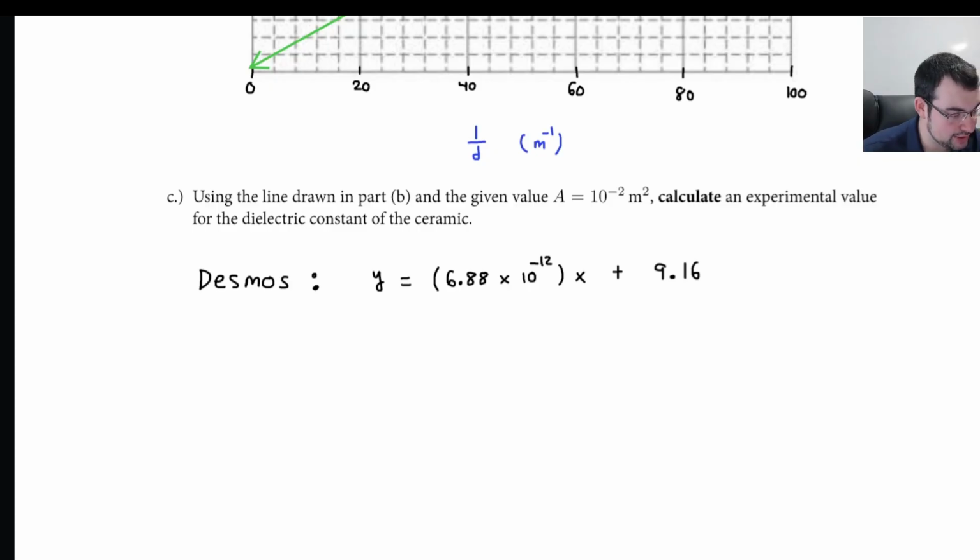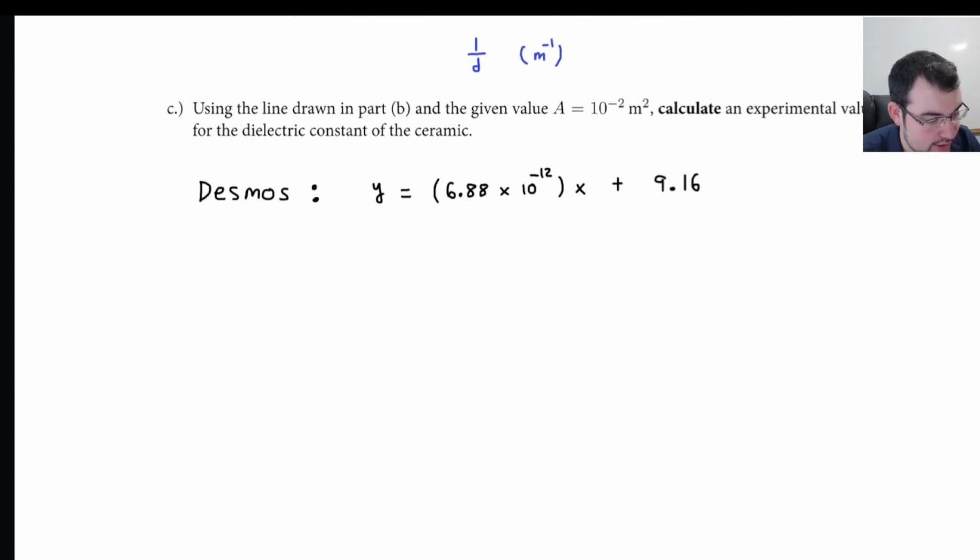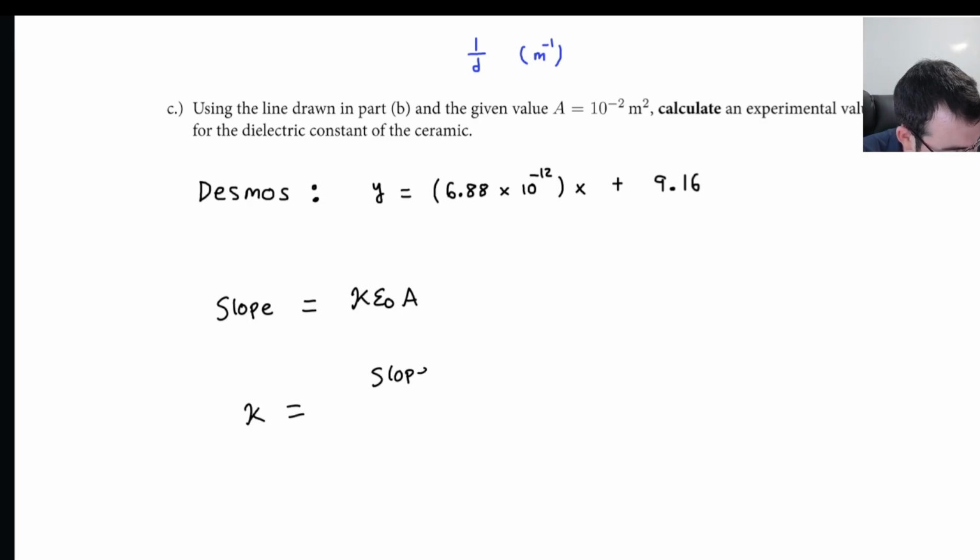So we see the relevant quantity as our slope. And we wanted this fact that slope was equal to kappa epsilon naught A, which means that kappa is equal to slope divided by epsilon naught times A.